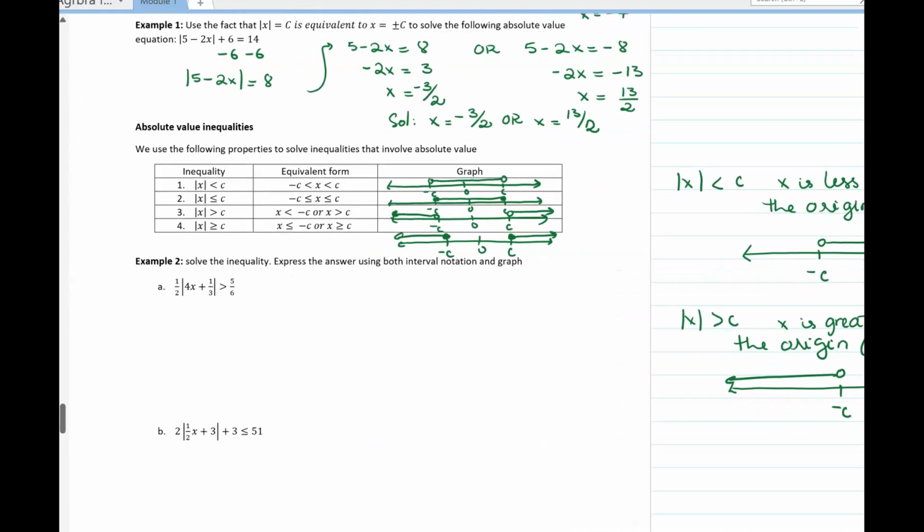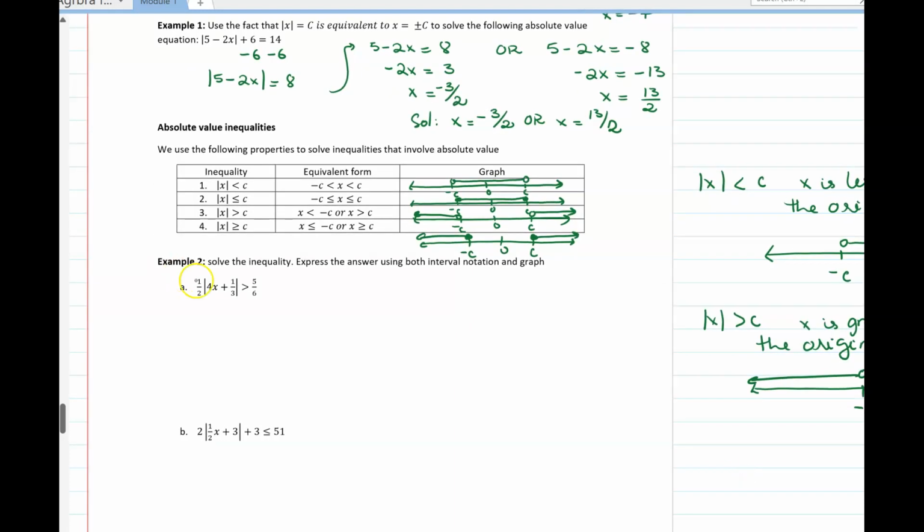So let's solve the inequality and express the answer using both interval notation and a graph. Again, to solve an absolute value inequality, first we need to isolate the absolute value term. To do that, here I multiply both sides of the inequality by 2.